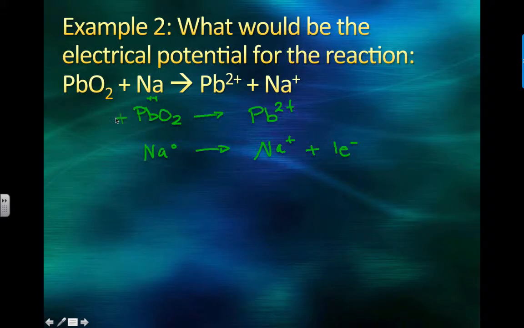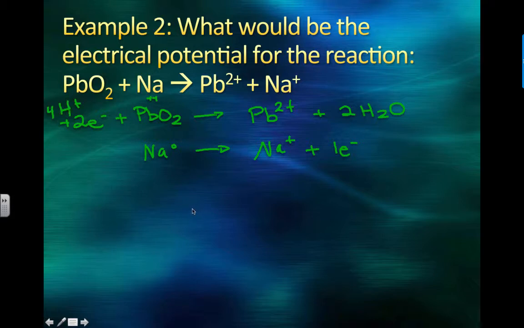My lead has to gain 2 electrons in order for that reaction to take place. Now let's balance our oxygen by adding water. I need 2 waters. And I have to balance my hydrogen on the other side by adding how many hydrogen ions? 2 waters means 4 of those. So 4 hydrogen ions on the other side.